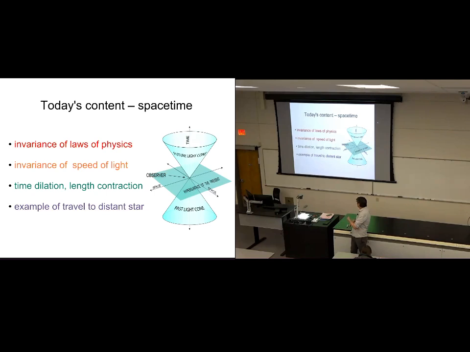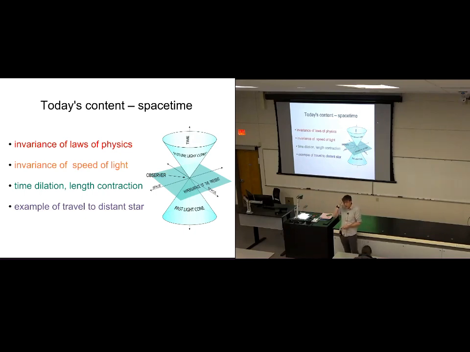We're going to talk about perhaps the two most famous features of relativity. One is time dilation. We're going to explore what time dilation is, what it means, the significance of it. The second one is length contraction. We'll explain what length contraction is, what it means, and explore its significance.